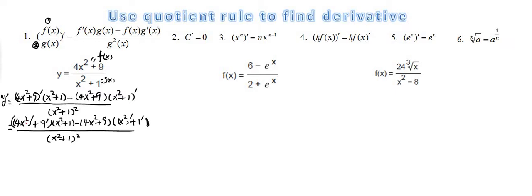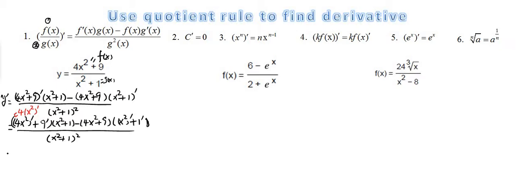For the term (4x squared) prime, we can apply the constant multiple rule. So this boils down to 4 times (x squared) prime, and of course we can use the power rule to solve (x squared) prime.